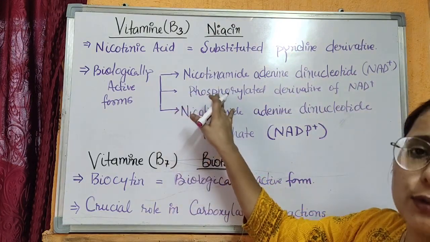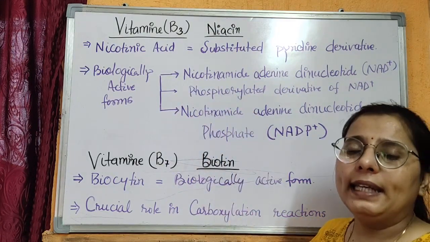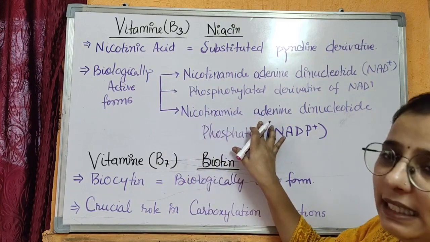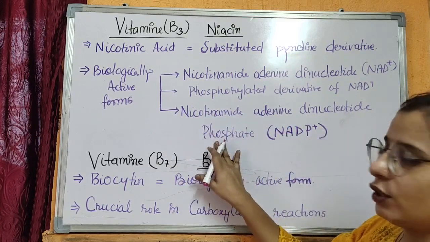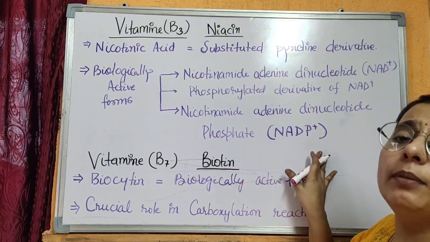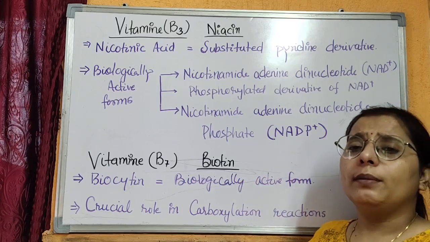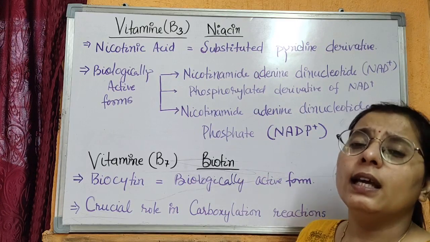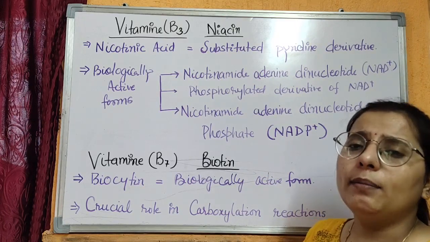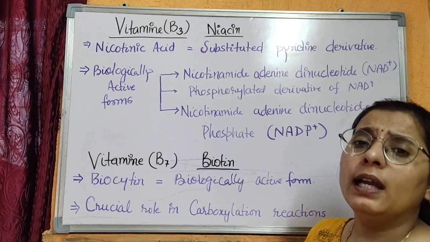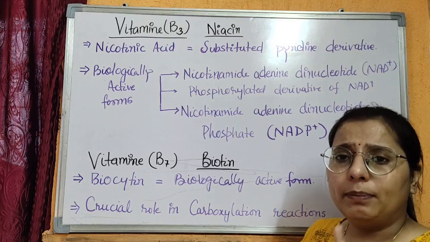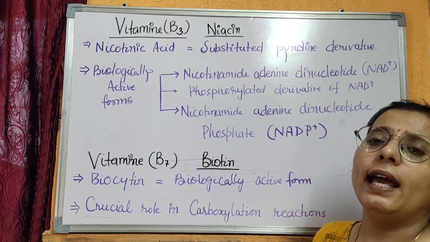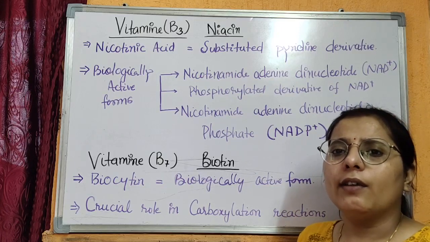The second is the phosphorylated form of NAD+. The third one is nicotinamide adenine dinucleotide phosphate, that is NADP+. So vitamin B3 has 3 biologically active forms: NAD+, the phosphorylated form of NAD+, and NADP+ in our body.